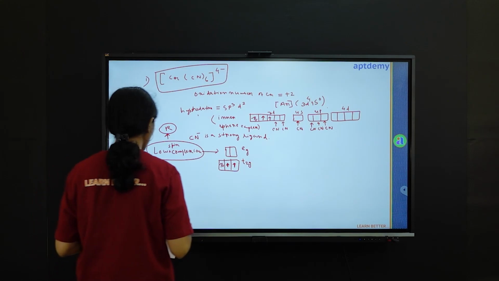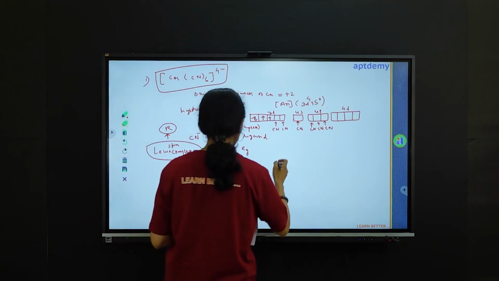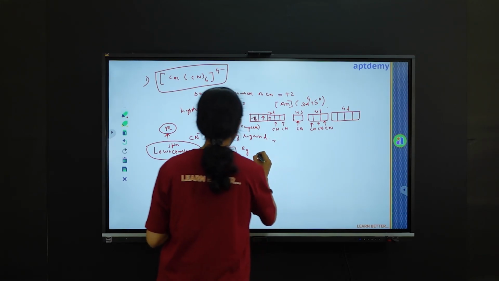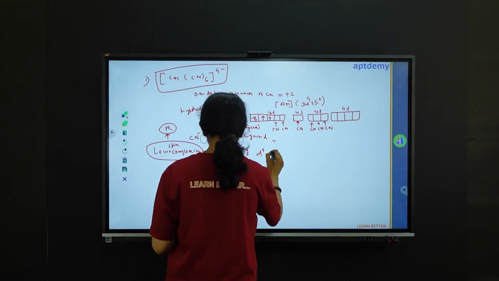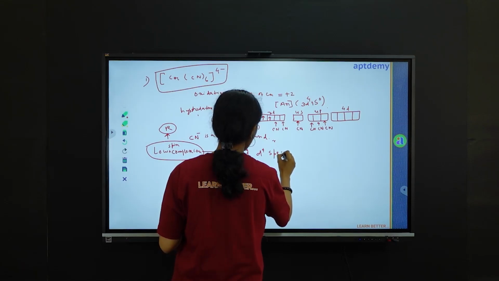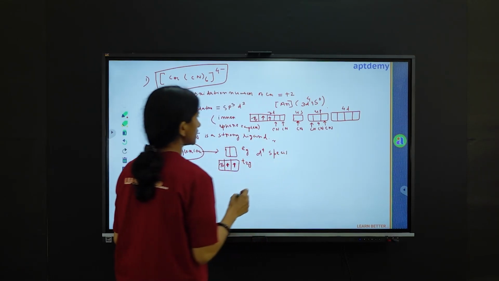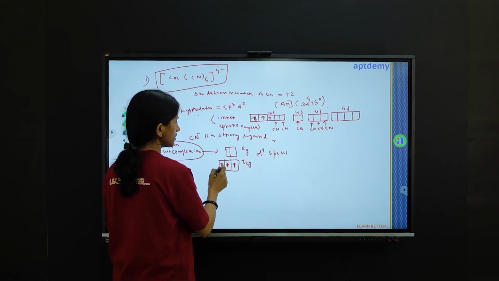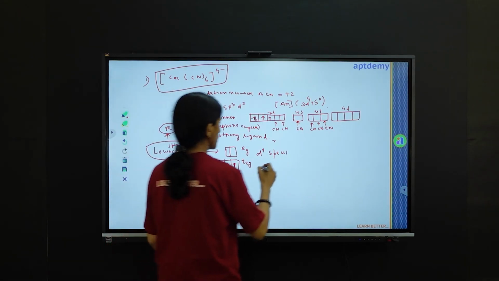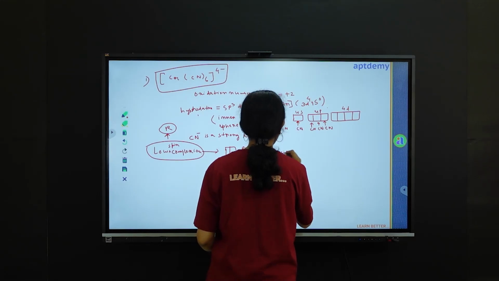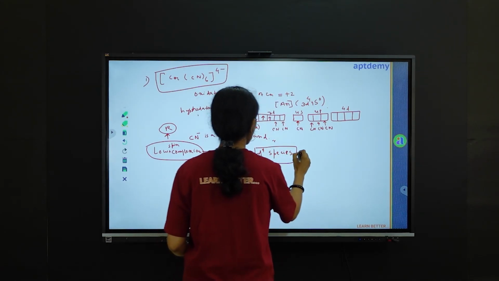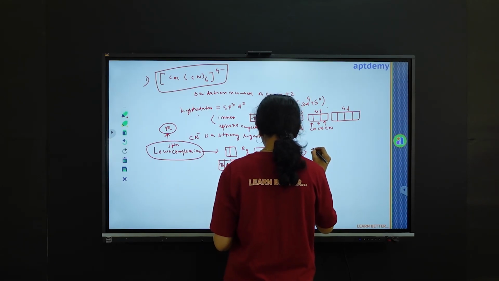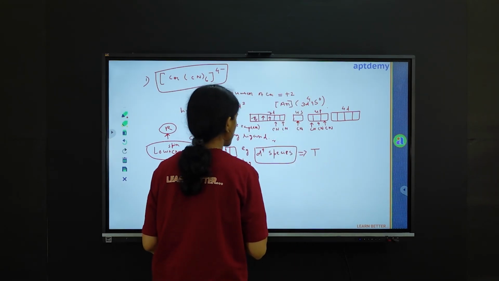And now let's see what else we can do for this. From here we can also see that this is a d4 species, because the d orbital contains 4 electrons. Also our T2g is having 4 electrons, right? So d4 species, which is also reflecting the property represented in T, right?